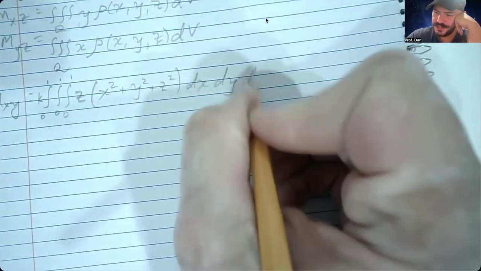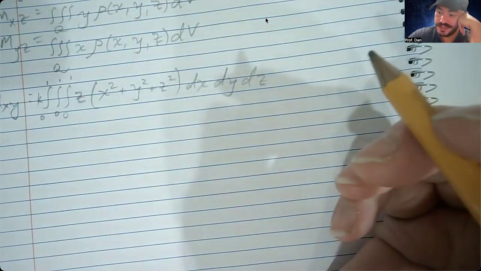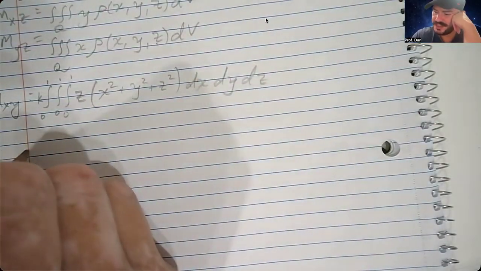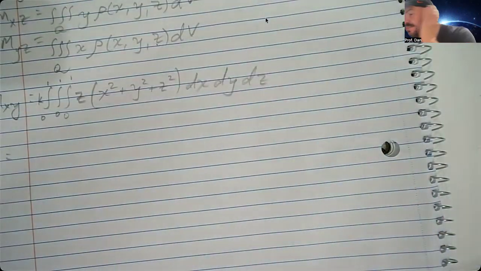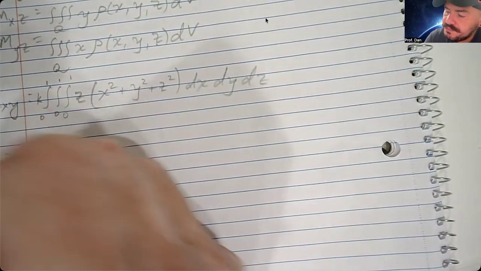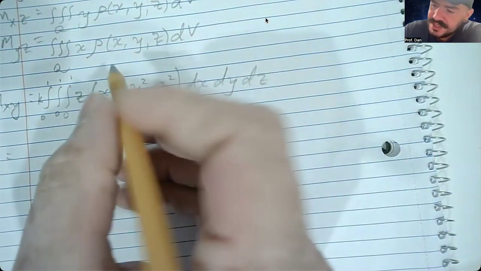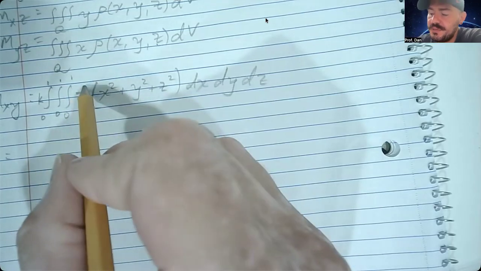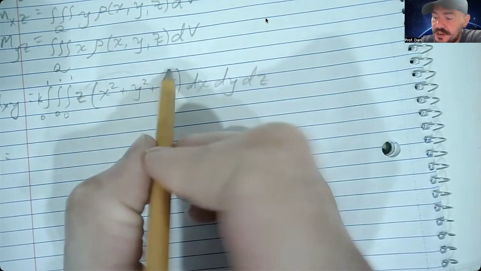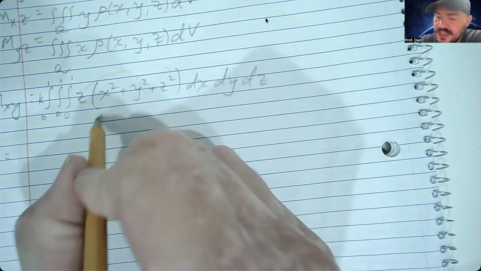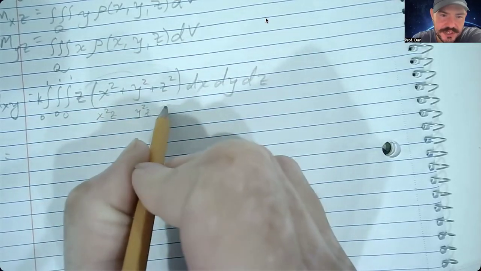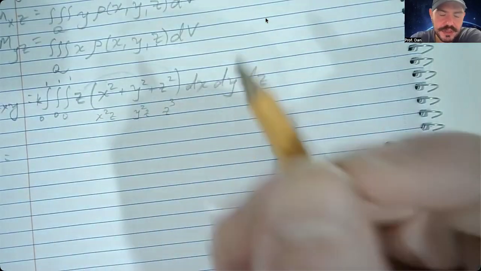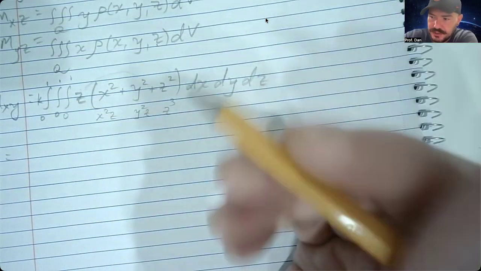In all honesty, you can just try mixing them up and see what happens. It's not really going to make that big of a difference computationally. This time, remember we're distributing that z to all of these terms. So this becomes x squared z, this becomes y squared z, this becomes z cubed. And that's going to affect how the integrals turn out.